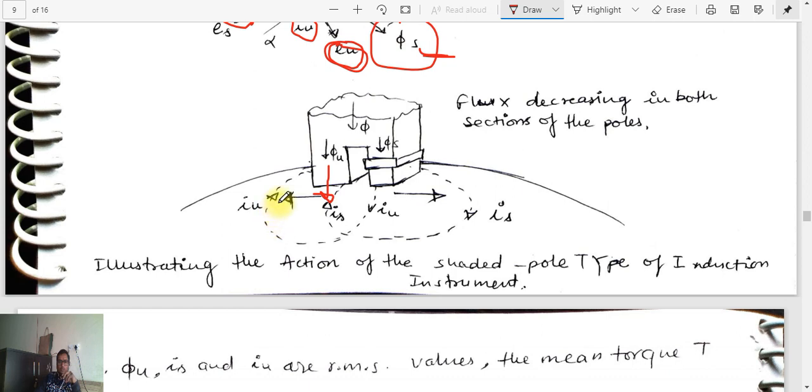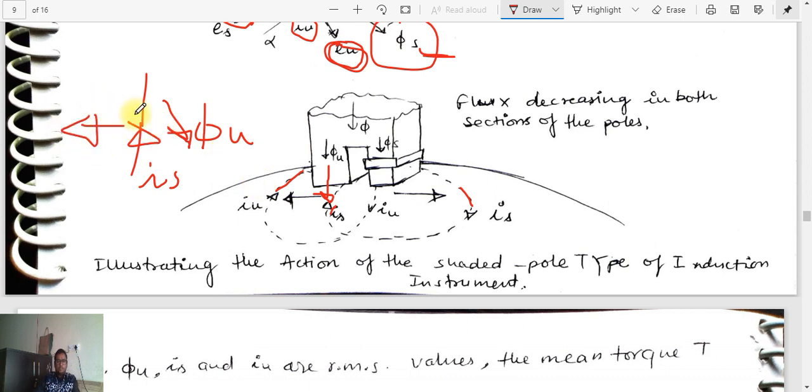This is IU, generated in this direction, and IS is generated in this direction. This IS is linking with phi u, B is down, and this is the force F in this direction.